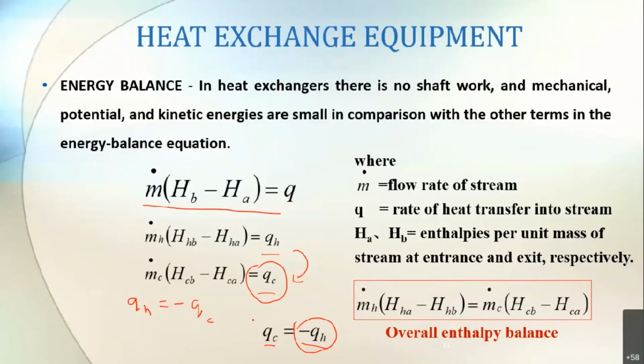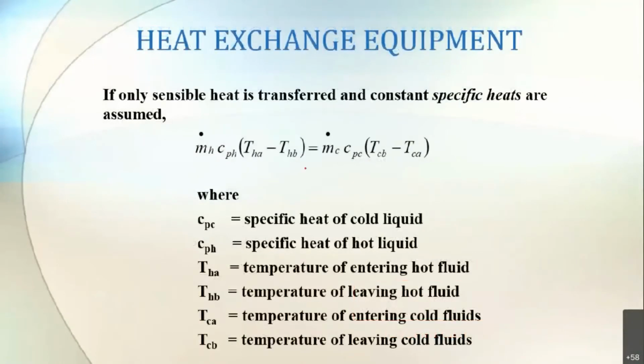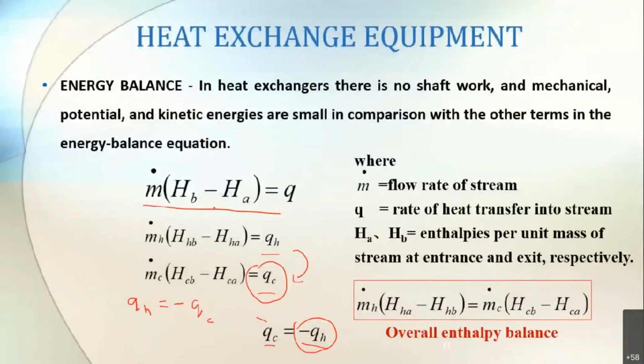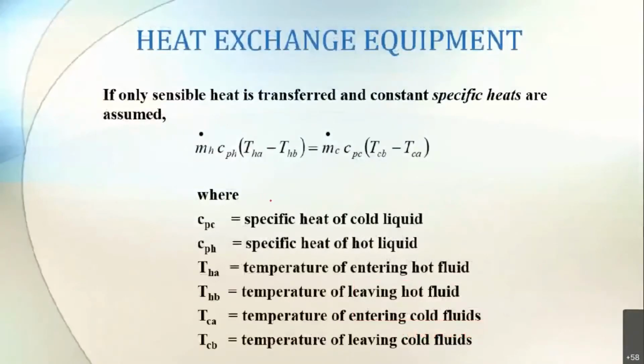The numbers are the same because we are saying that it is still steady state. Meaning that if it's steady state, then whatever amount of heat is transferred from the hot liquid is received by the cold liquid. So again, this is if you are using enthalpy. You can also use THA, THB, TCB or TCA.